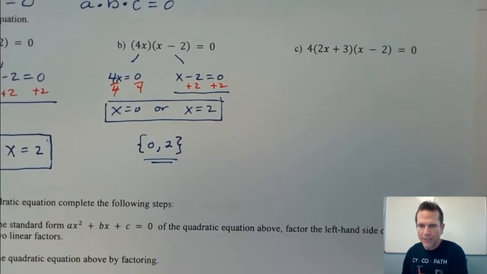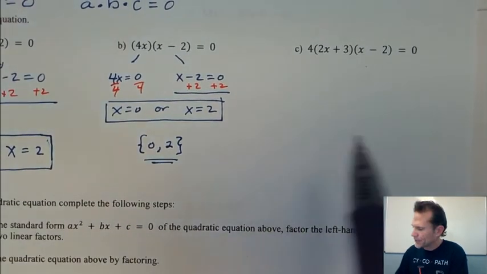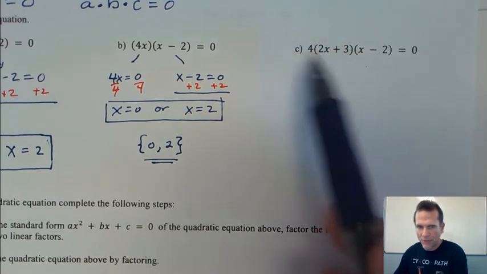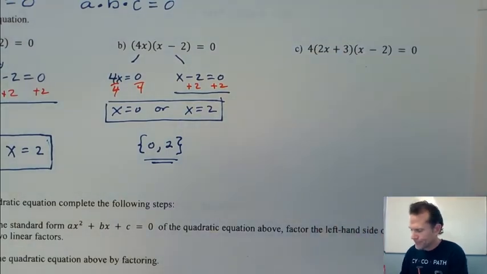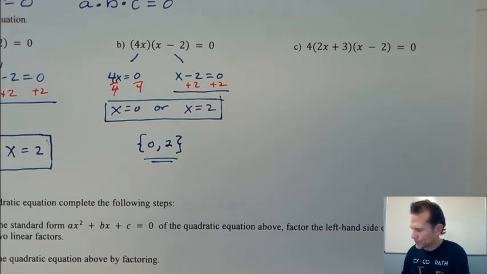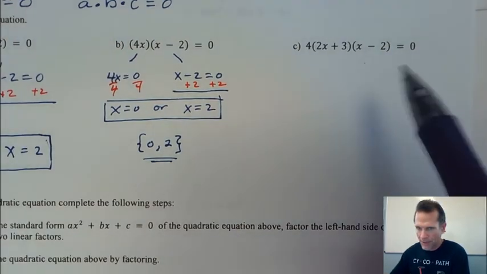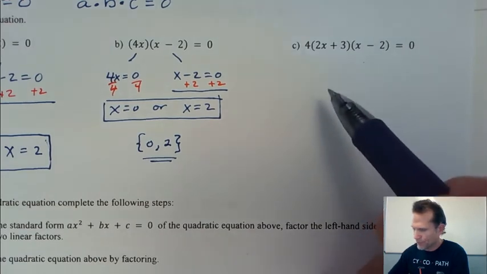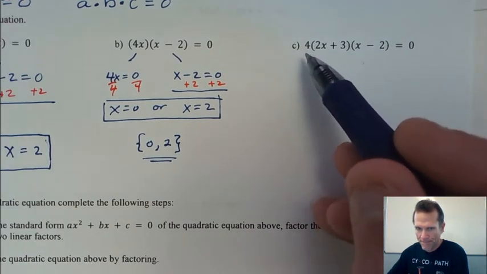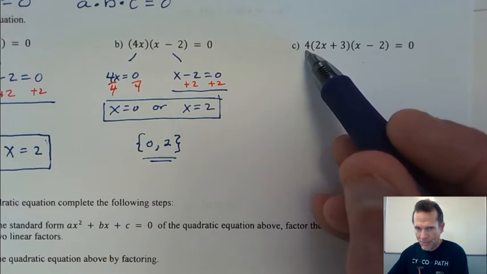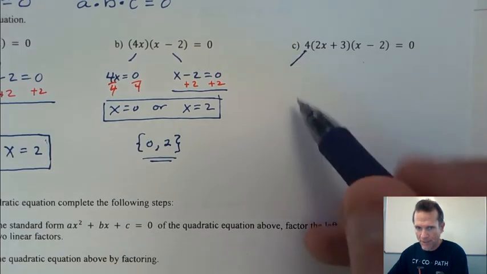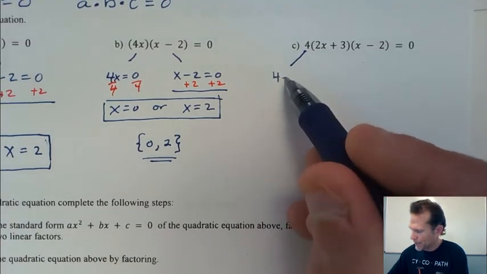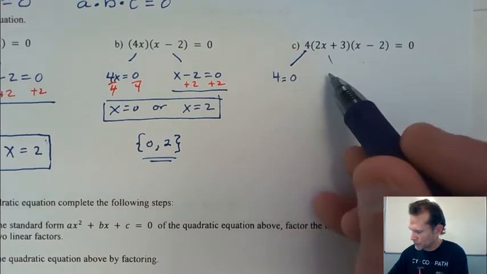Looking at the last one here, I threw this one in. I don't know why I used x minus 2 so often, but yeah, I did, and it could have been x minus 7. It's just I somehow typed x minus 2 a few too many times. So let's set each piece equal to 0. This one we don't even have to set equal to 0, but I wanted to do this just to show you what happens.